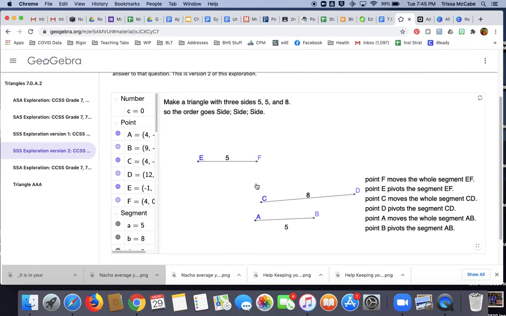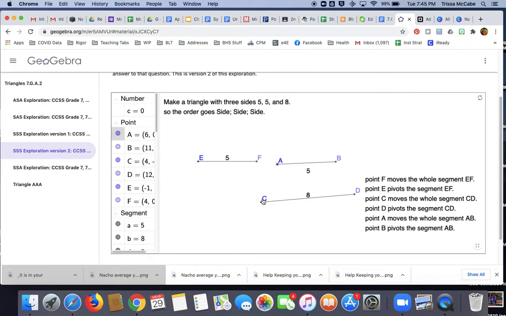I have 3 more side lengths here, and I'm going to try to create a triangle with 8, 5, and 5. So I'm going to do the same thing that I did before. I'm going to go ahead and match up my vertexes here. See if I can end up making a triangle with 8, 5, and 5.